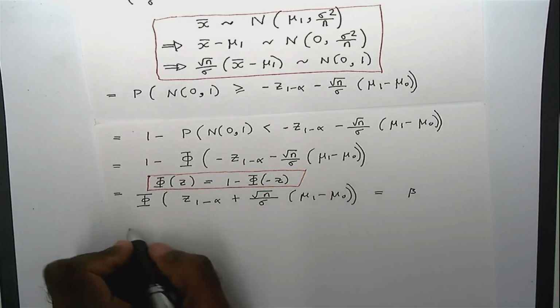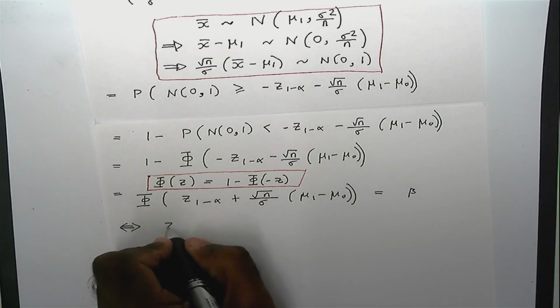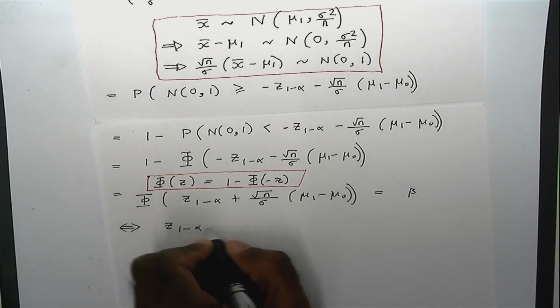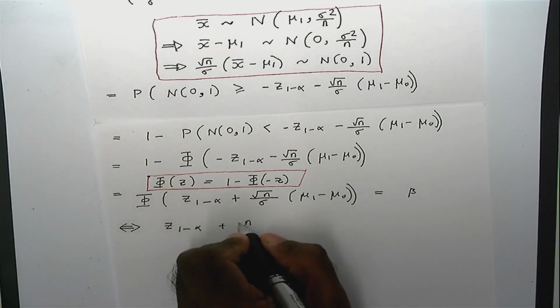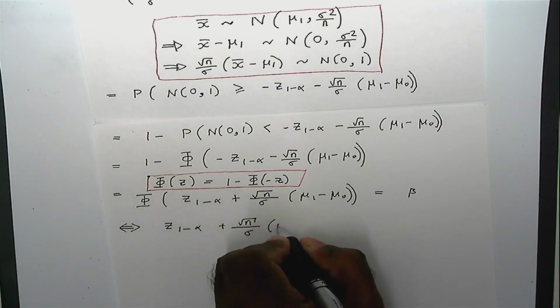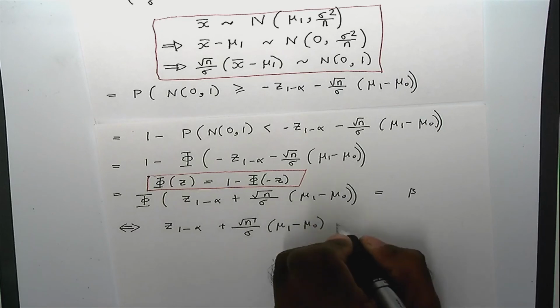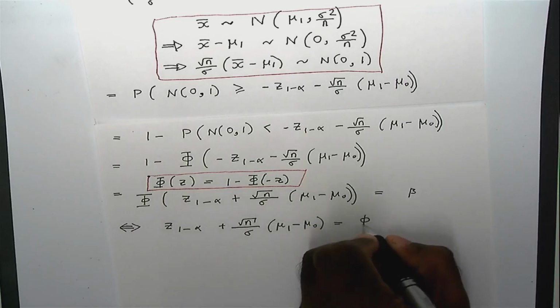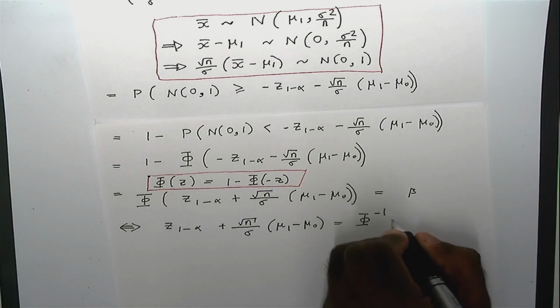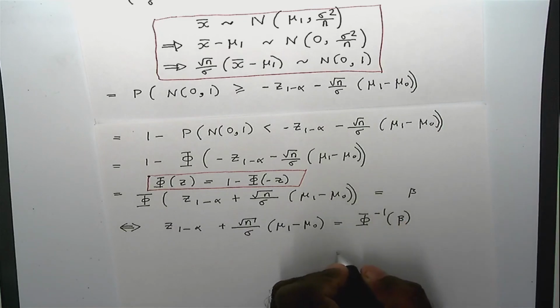Alright, so this, I'm going to take the inverse function of phi on both sides. So you will get z 1 minus alpha, like this, right?